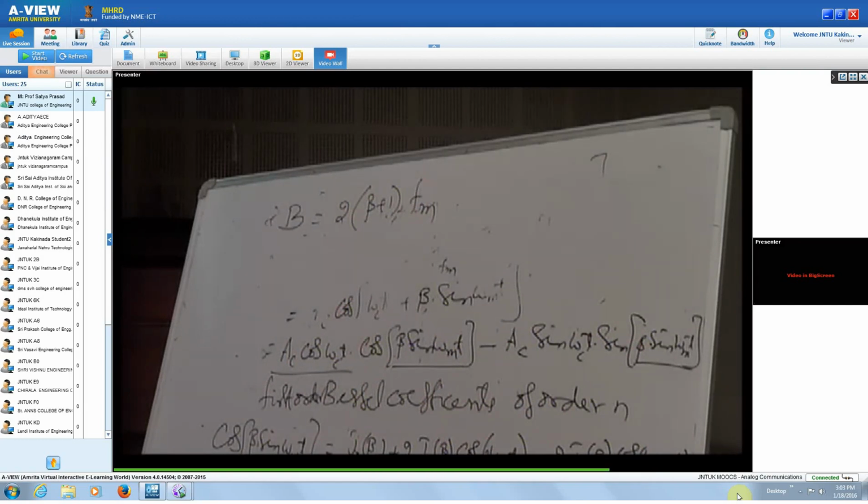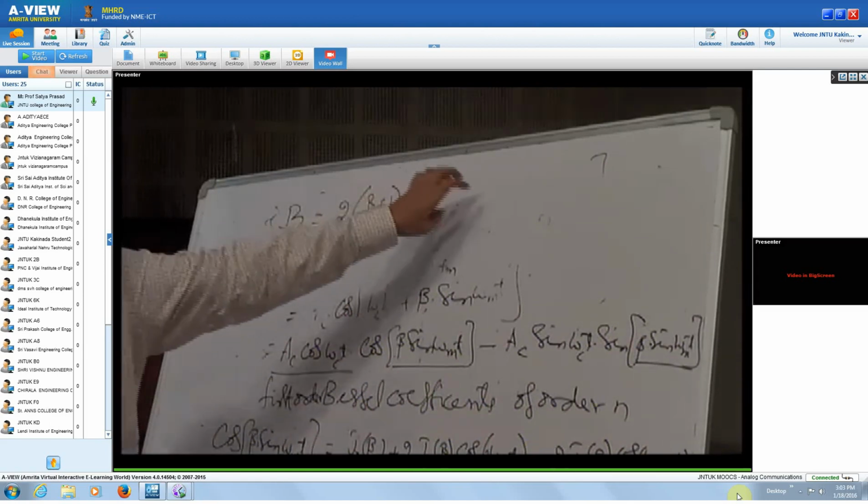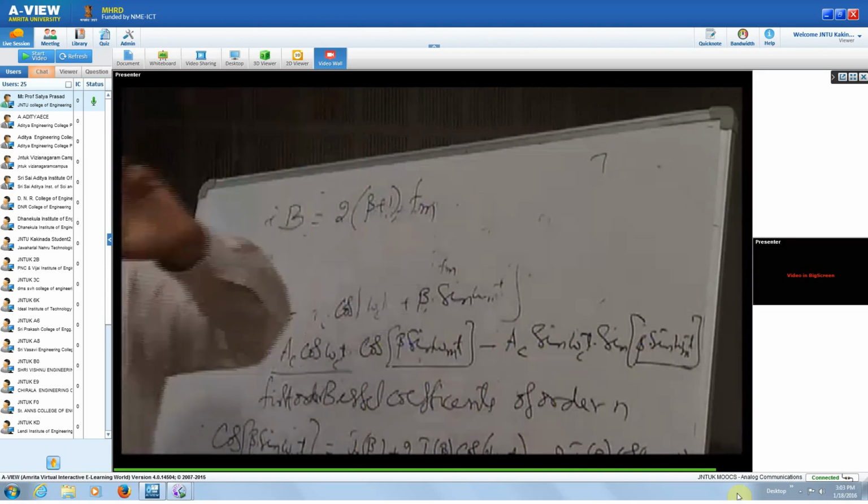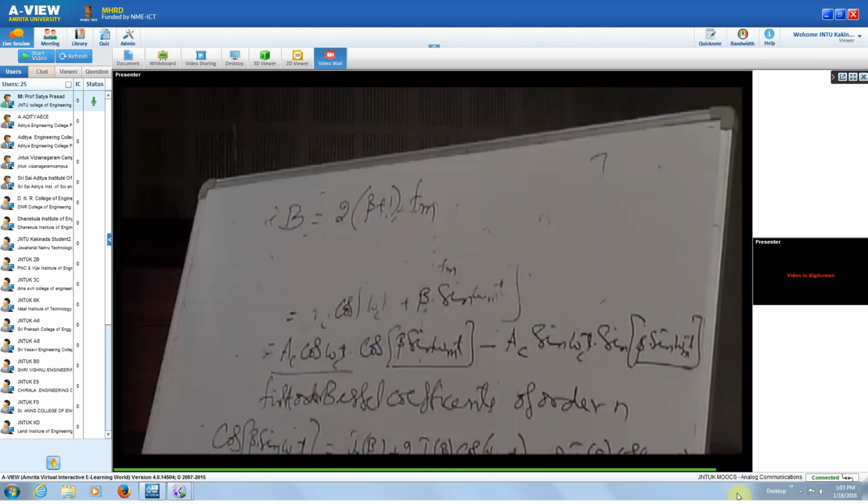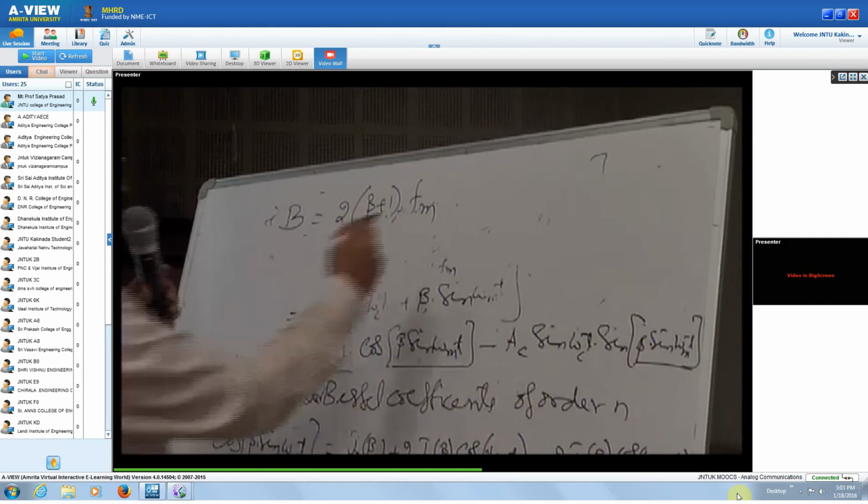Because n times Fm is the highest sideband we are going to take when the beta value is given. N is beta plus 1, so beta plus 1 into Fm. So plus and minus, therefore bandwidth is equal to twice. Therefore, the bandwidth is going to be twice that of beta plus 1 into Fm. But what is this beta?